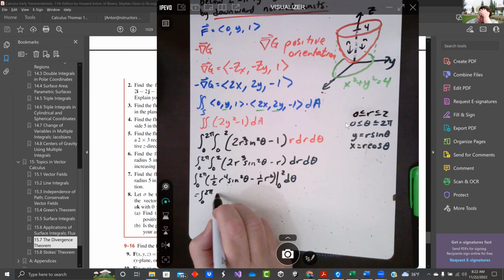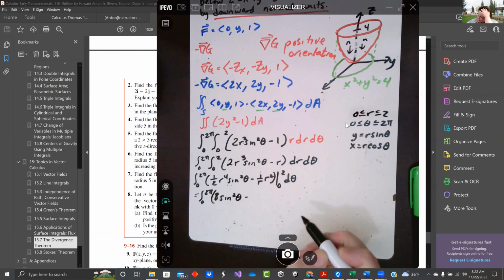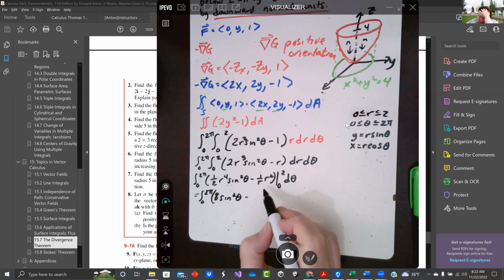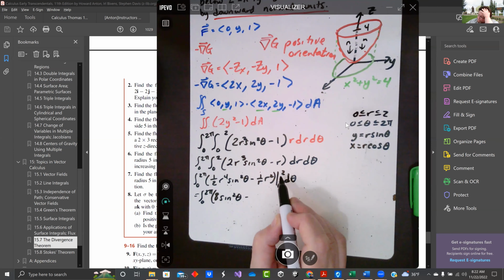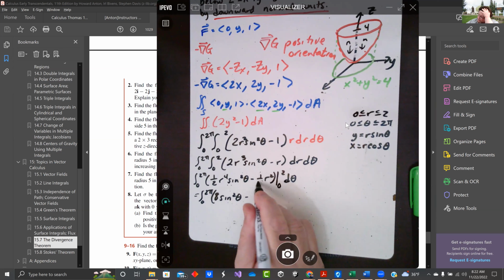Divided by 2 gives me 8 sine squared theta minus, r squared would be 4, 4 over 2 is 2, so 2 theta.